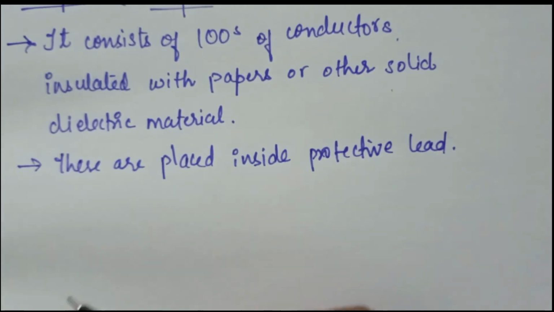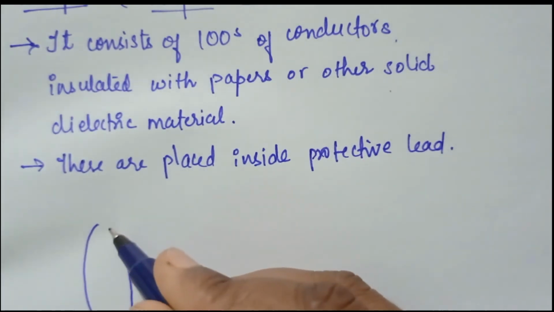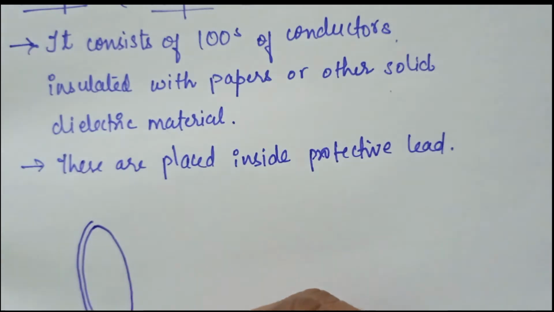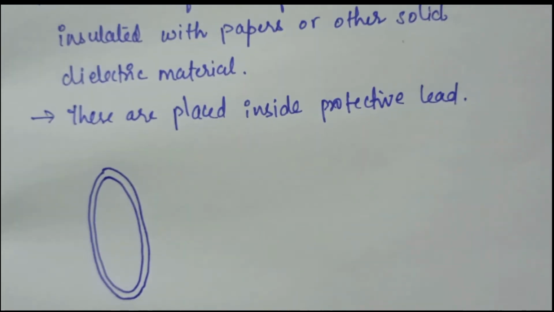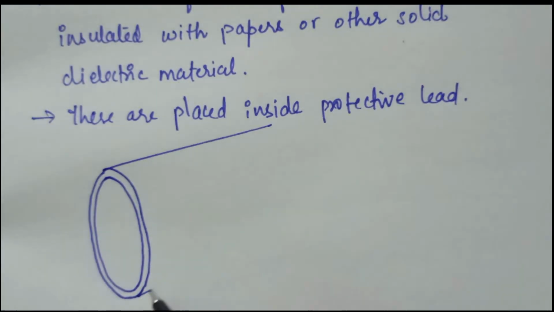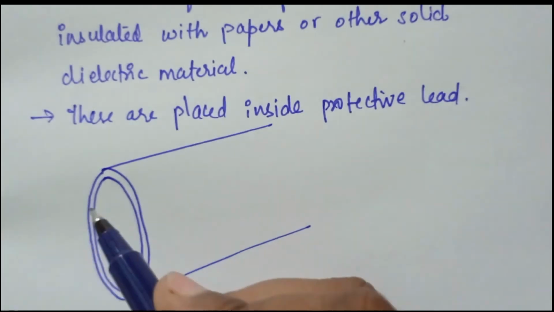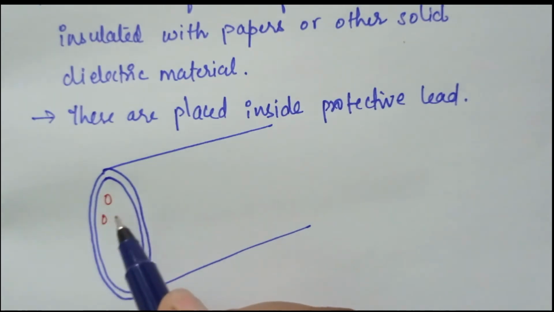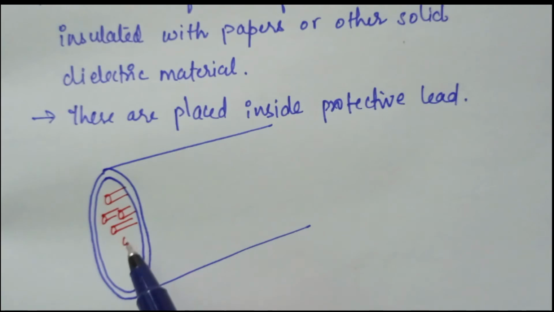Let us assume this is the outer conductor, the protective lead. Inside this we have nearly hundreds of conductors, which are insulated with dielectric materials or papers.